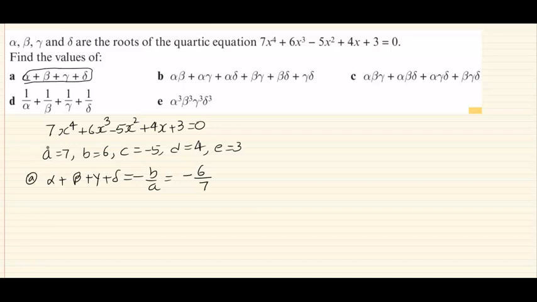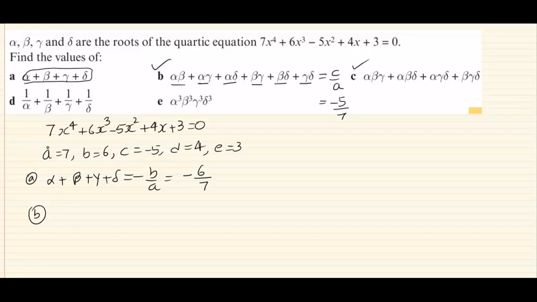It should be minus 6 over 7, right? Then B part, they are saying alpha beta, alpha gamma, alpha delta, beta gamma, beta delta plus gamma delta. That is the value equal to C over A. So what is the C value here? Minus 5 and A is 7. So the B answer will be minus 5 over 7.